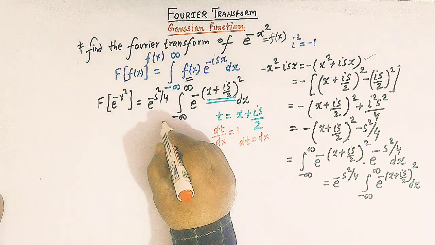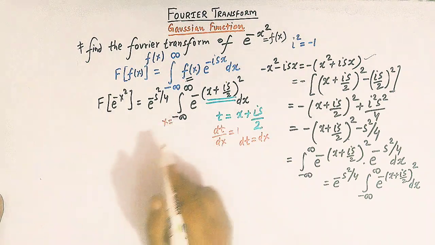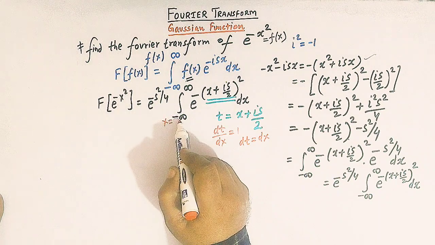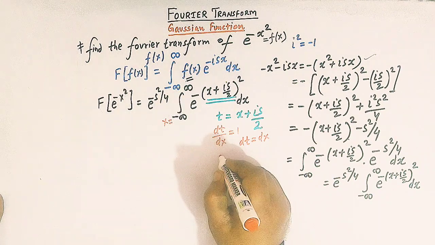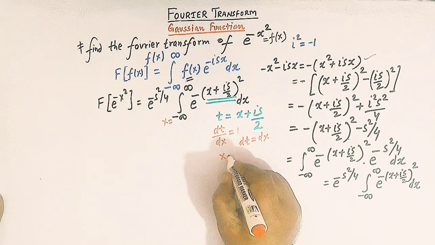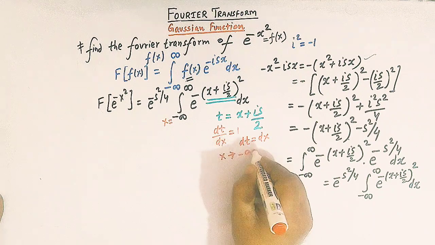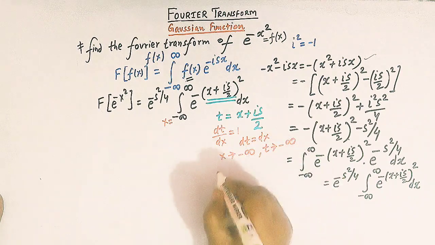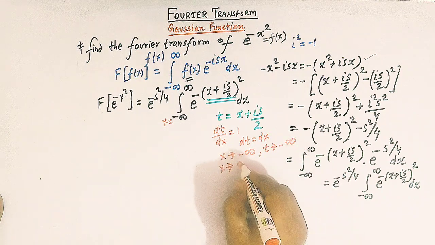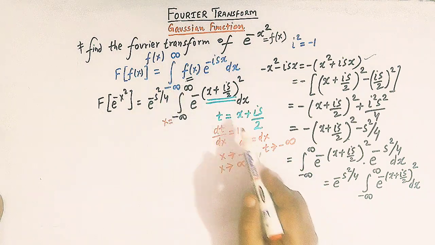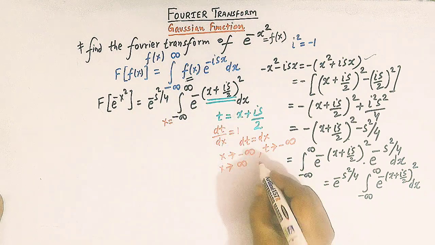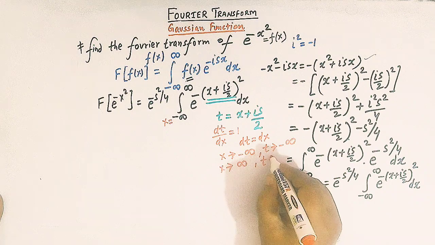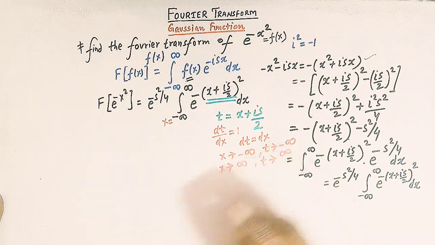And moreover here the value of x varies from negative infinity to infinity. So we can easily conclude that when x tends to minus infinity, then t also tends to minus infinity, and when x tends to infinity, then from this relation we can write t tending to infinity, right?